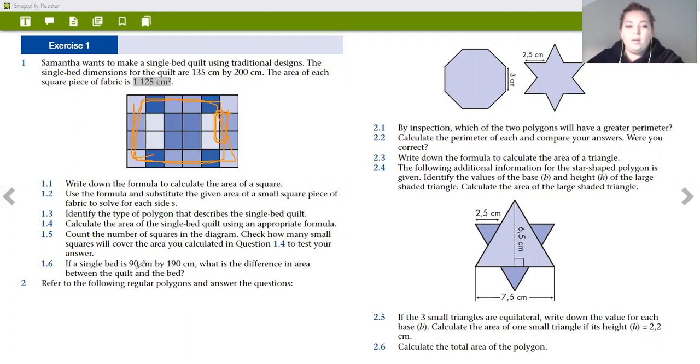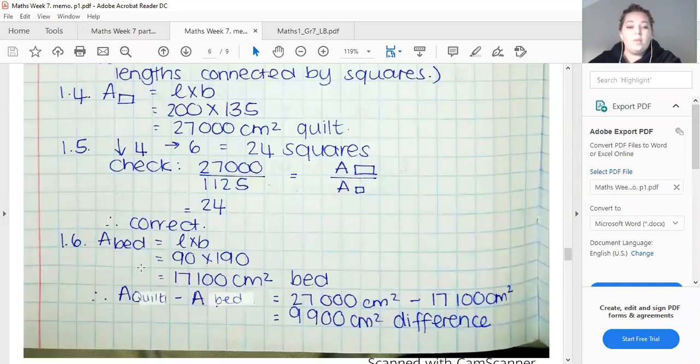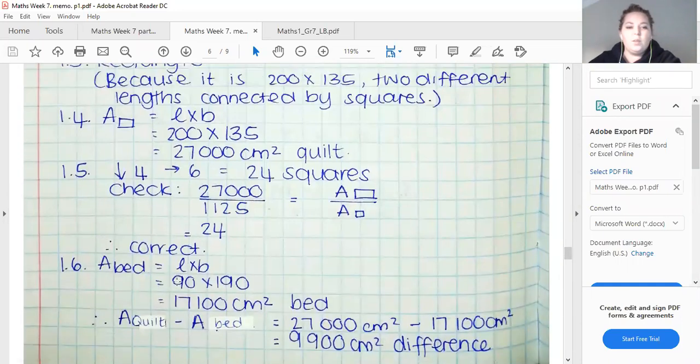So we work out how big our bed is. We're going to find the area of our bed, and then take away the bed's size from the quilt because the quilt is bigger. If I show you my answers quickly, it's the same as what I've explained. 90 times 190 gives us 17,100 centimeters squared.